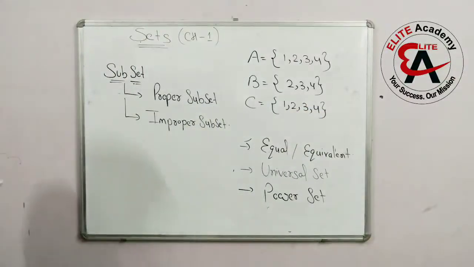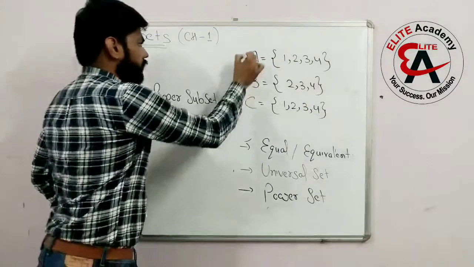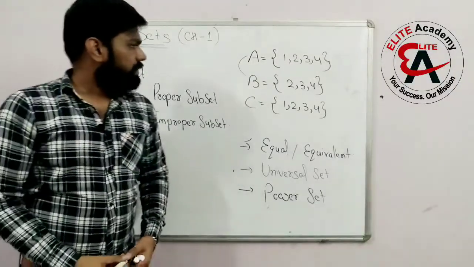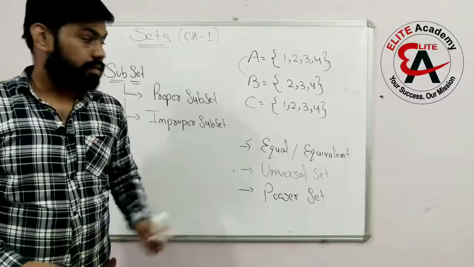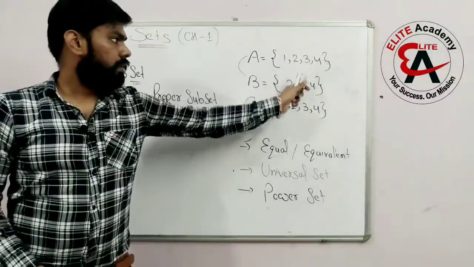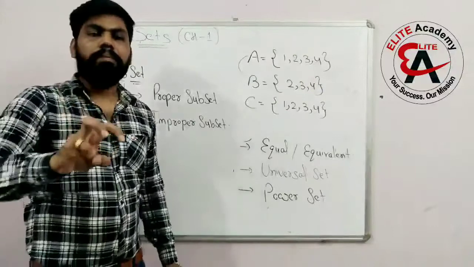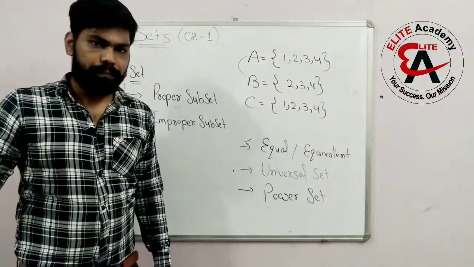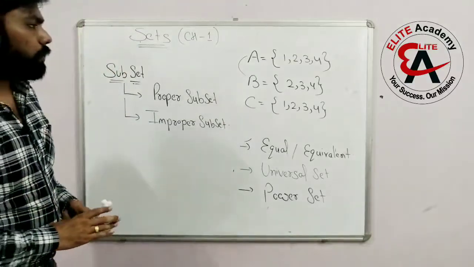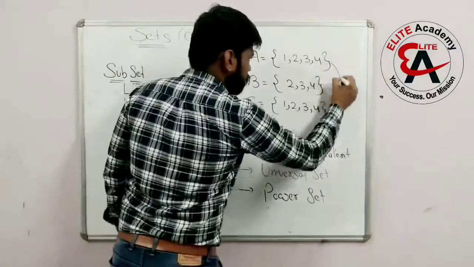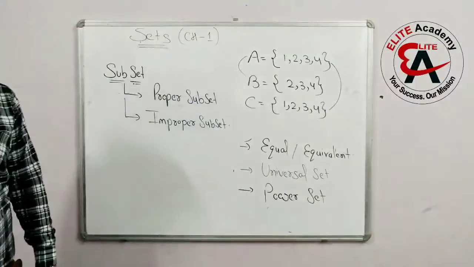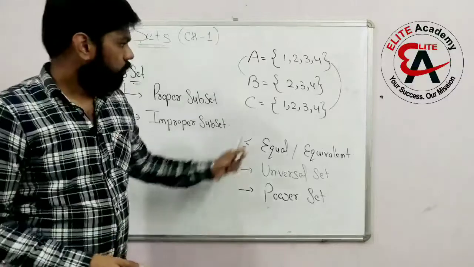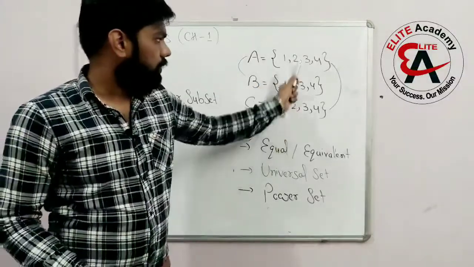Now, if I check the first pair, check it out. Are all the elements of B present? Yes, they are 2, 3, 4. That means B is a subset of A. Clear? But if we talk about the first and last pair, check it out. See, all elements are present: 1, yes, 2, yes, 3, yes, 4.